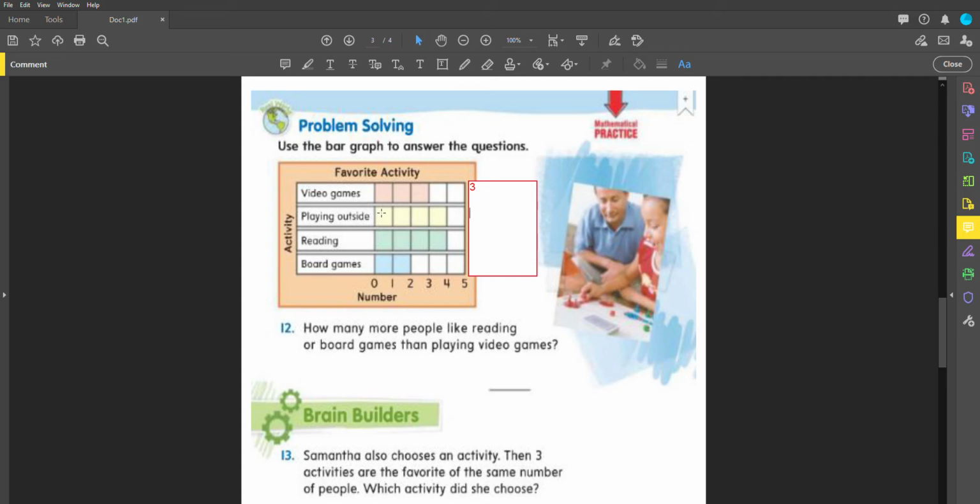What about playing outside? 1, 2, 3, 4. 4 votes. What about reading? Also 4 votes. What about board games? 2 votes. Now, let's read the question again. How many more people like reading or board games than playing video games?